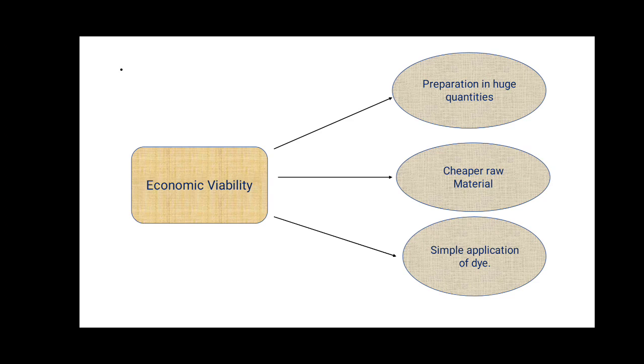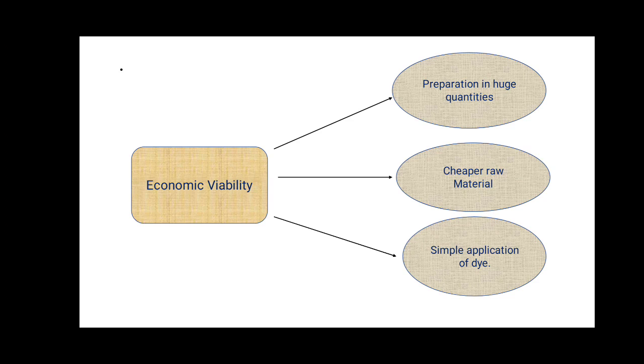Economic viability means the production or cost of a dye in the market in day-to-day life. It is a very important factor. It means a dye is easily available or is cheap, at a low cost.